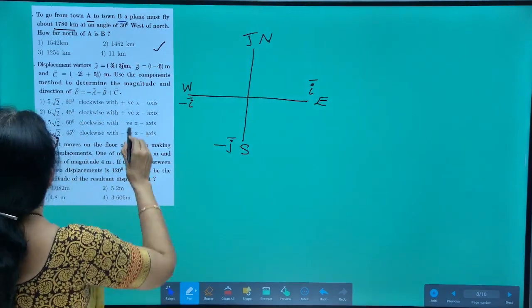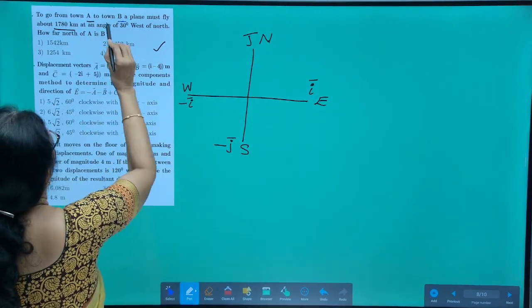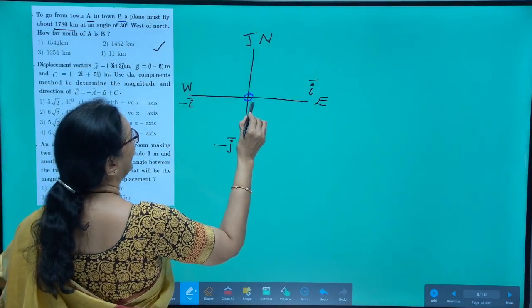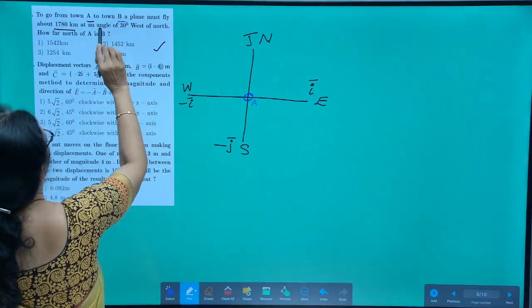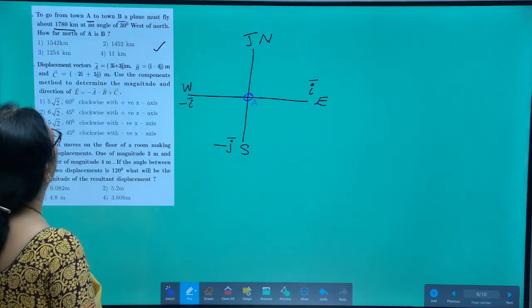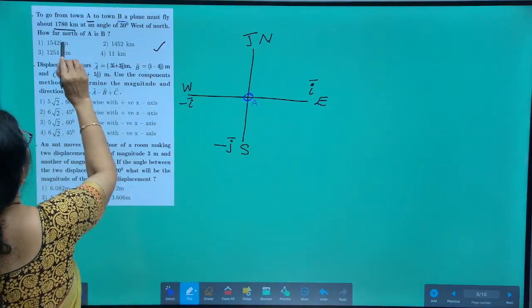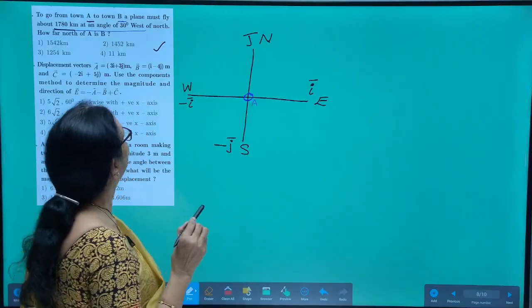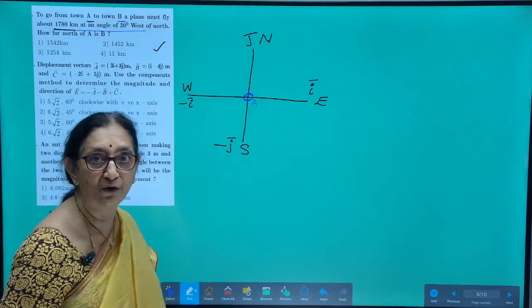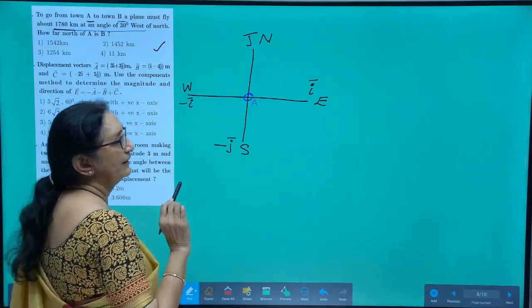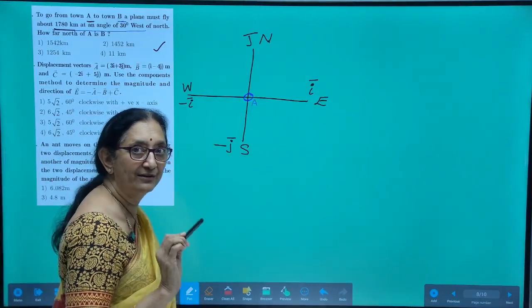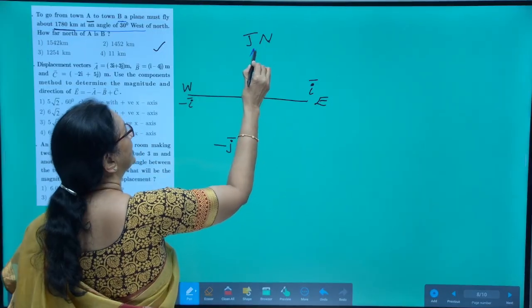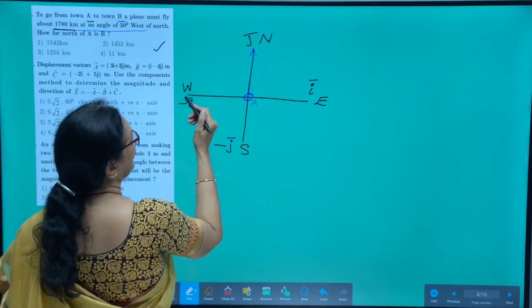Now, look here. Let us take this as town A. To go from town A to town B, the plane must fly 1780 kilometers at an angle 30 degrees west of north. Look here, 30 degrees west of north. So, this is the north direction. West of north is this.